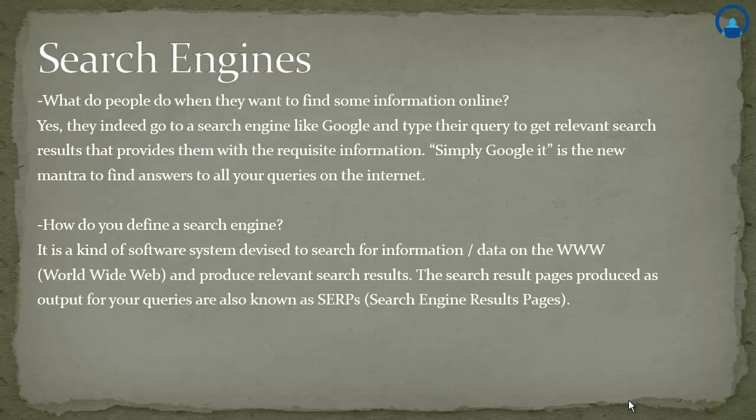The search result pages produced or displayed as output for your search queries on the search engine are also known as SERPs, or search engine results pages. Now, as you know, for any search request that you input in the search bar on any of the search engines, you would get links or several search engine results pages as the output.